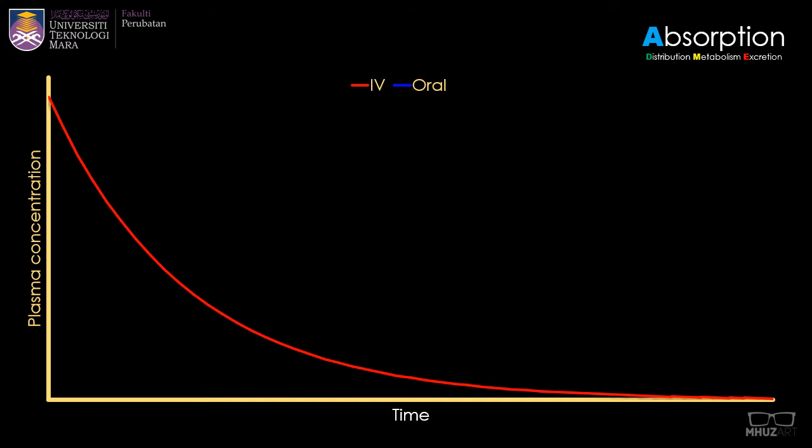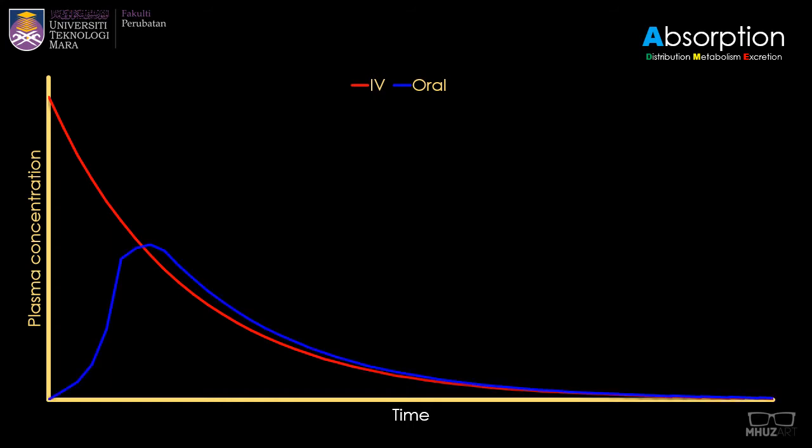The intravenously administered drug will have a curve similar to this one in red, where at time 0 the plasma concentration is at maximum, because if you recall from our previous video, an intravenously administered drug does not need to undergo any absorptive processes from the GI tract, so it will enter the systemic circulation directly, and over time will constantly undergo processes of metabolism and excretion.